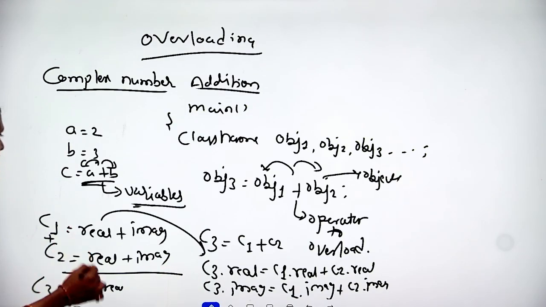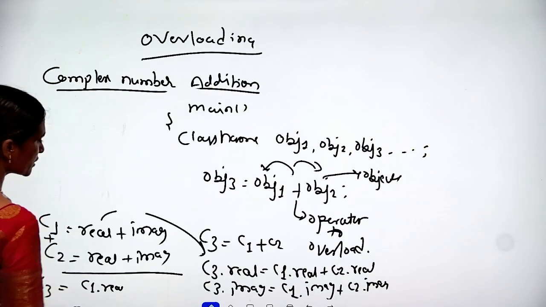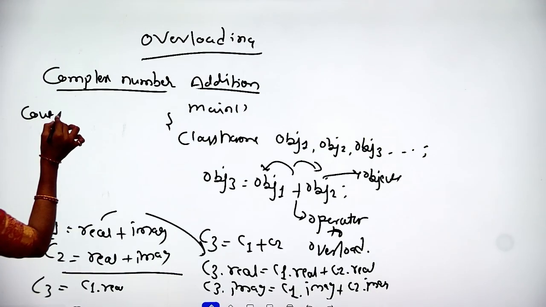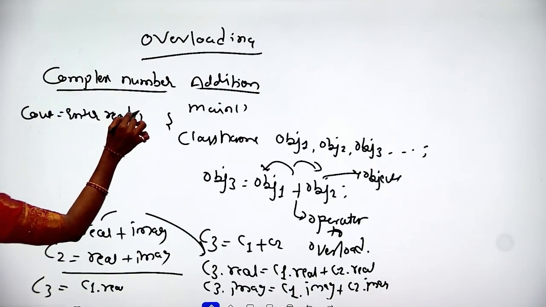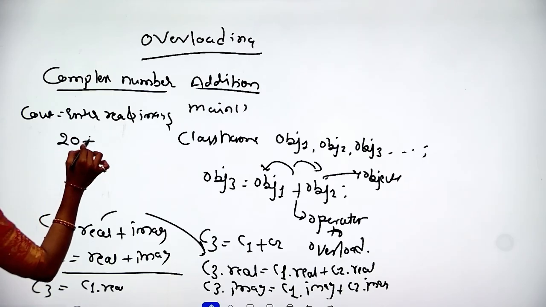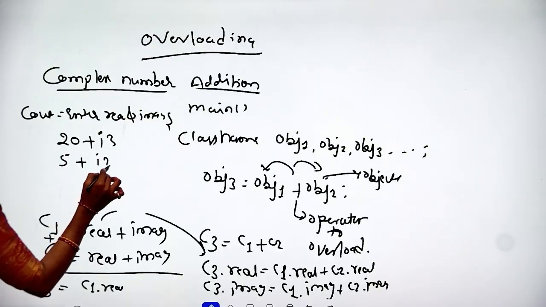Let's take an example for this so that you can understand. Here it works on the objects. First you enter, using cout, the real and imaginary parts for both. Here I have taken 20 plus i3 and 5 plus i20.